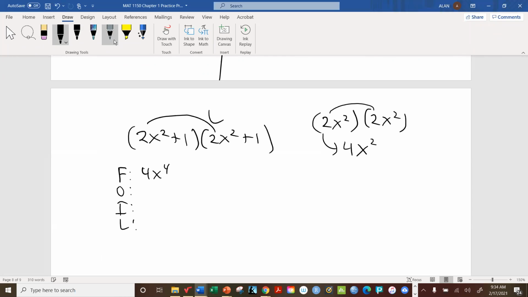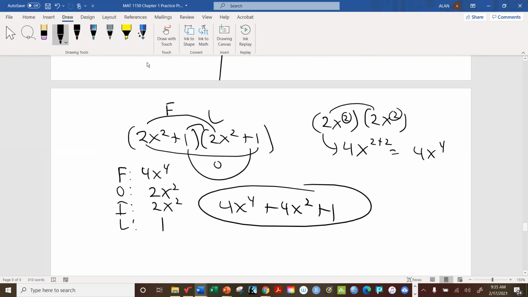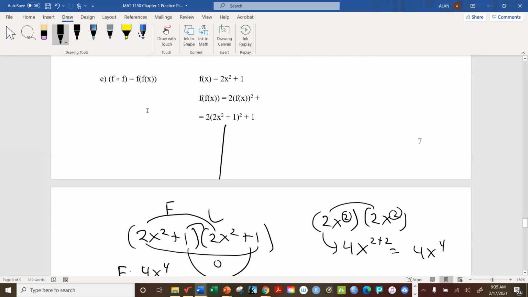And then we have x to the 2 plus 2 power because they're both the same base. Just a little quick reminder there. When you multiply 2x squared by itself, you end up with 4x to the 4th. That's F, and O would be these, 2x squared. I is the same thing. And here's last, which is just simply 1. So we end up with 4x to the 4th plus 4x squared plus 1. And that belongs inside these parentheses.